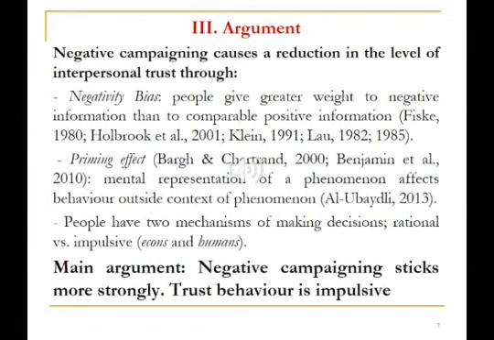But we know from, again, social psychology, and especially Kahneman and Tversky, that people have two mechanisms for making decisions. One is rational, but one is impulsive, meaning that you're less likely to use the usual power of your brain to assess a situation.